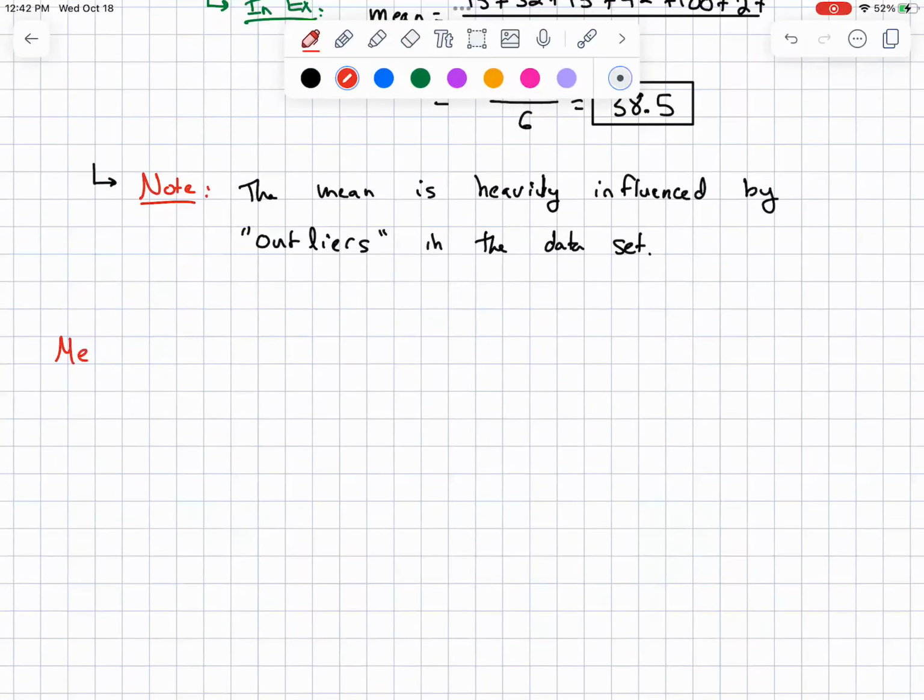The median is the second type of average. And the median is the quote unquote middle number of the data set.